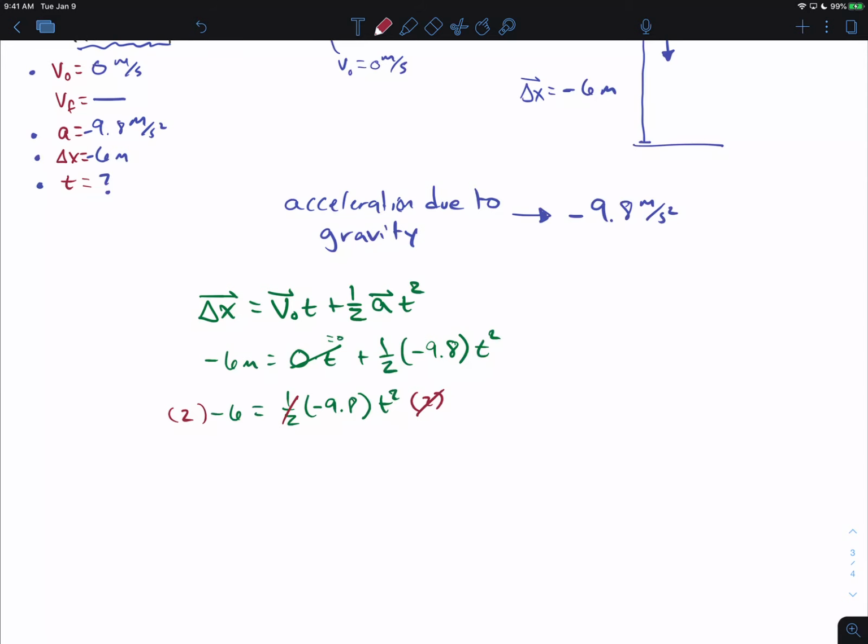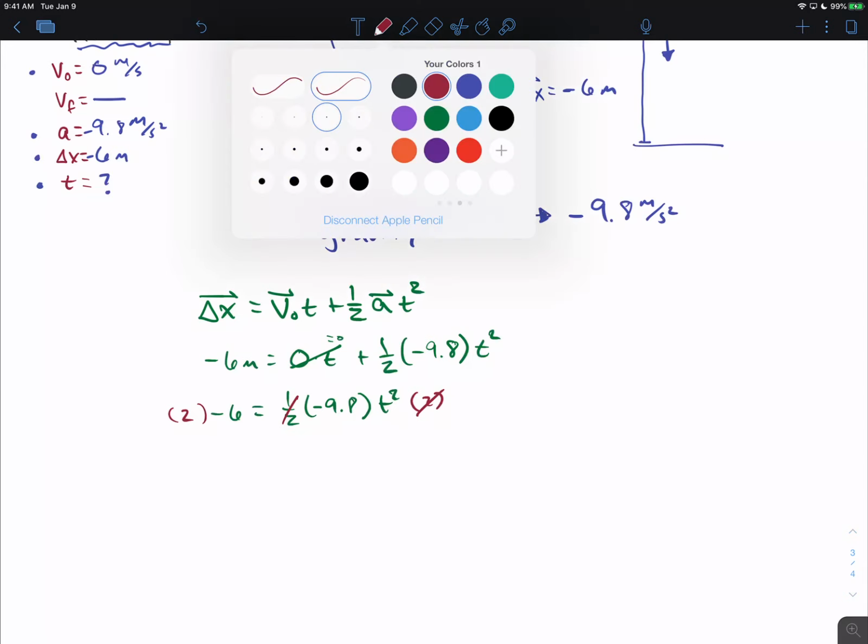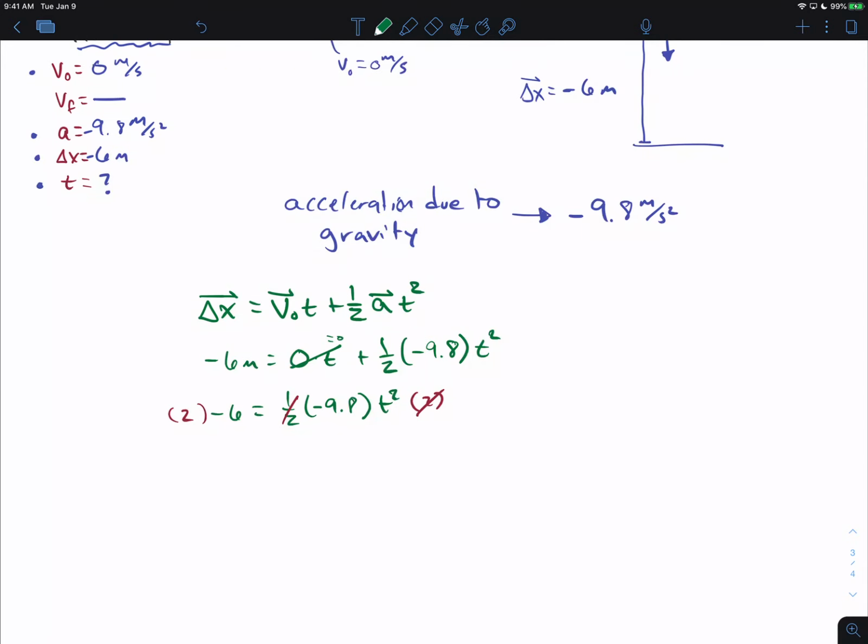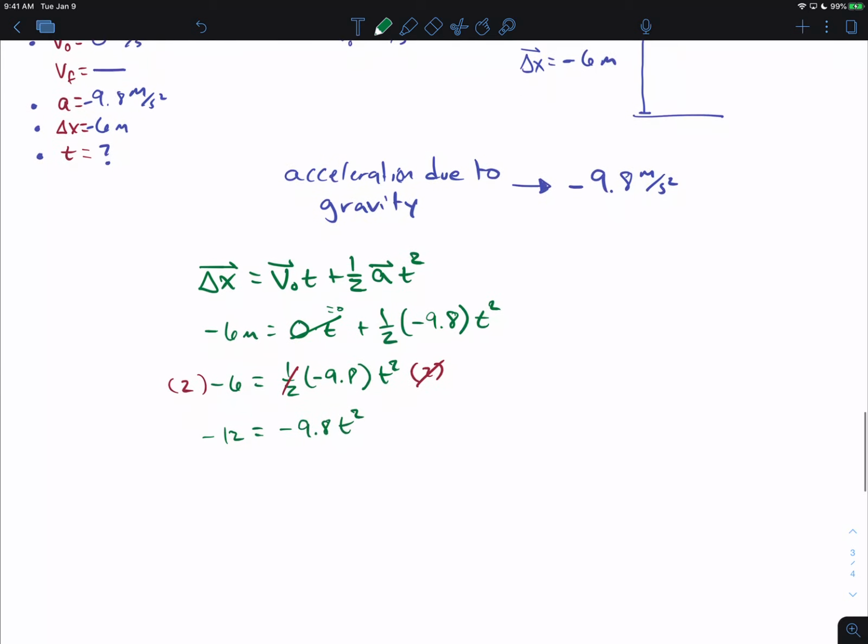This half and this 2 will cancel. And I will end up with 2 times negative 6, which is negative 12, is equal to negative 9.8 t squared. Again, do this in the way that's most comfortable for you. You don't have to follow exactly the steps that I do here. Okay. Last thing here is this 9.8. I don't want this attached to my time.